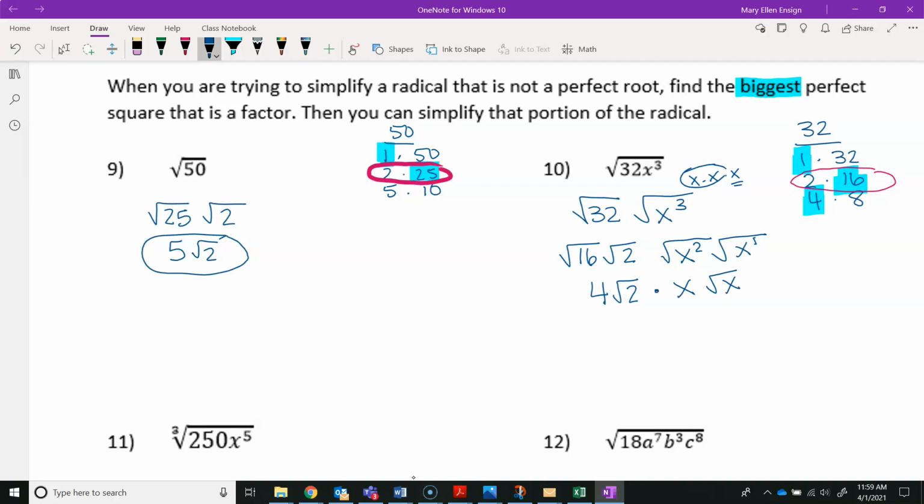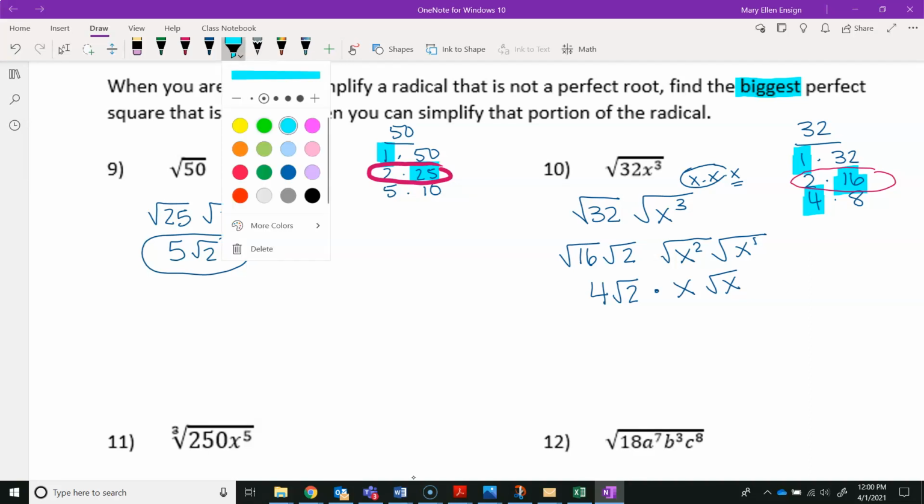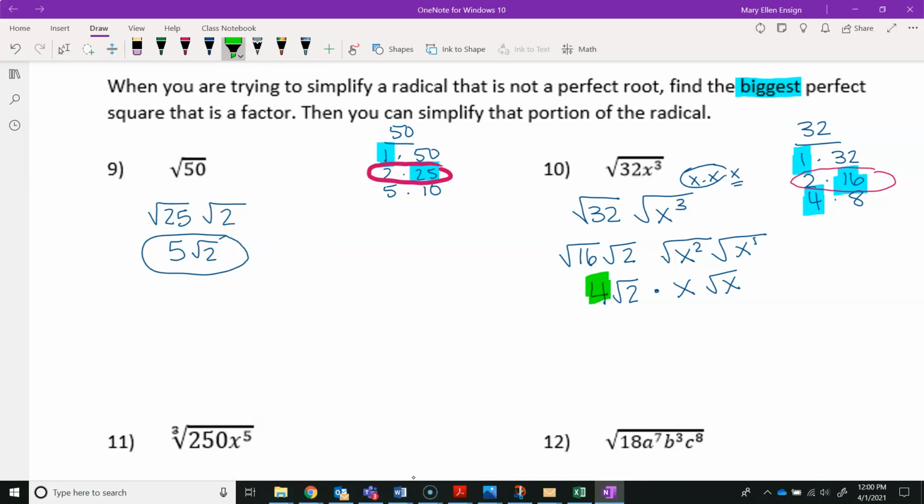Now to combine these two, I can always combine any outside numbers, outside the radical, and combine inside the radical. So I am going to take 4 times x, that's going to go outside the radical. I'm just going to put a little spot for it right here.